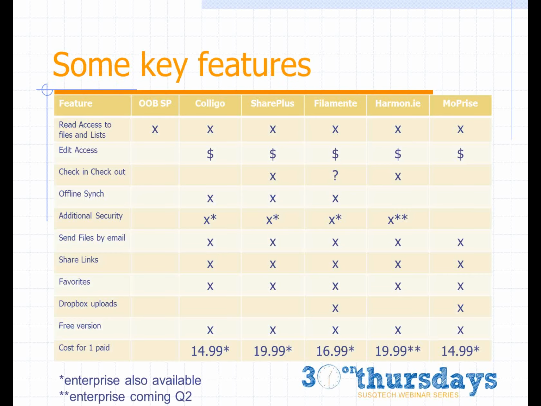To take a look at some of the key features you're going to find when you look at evaluating mobile apps: across the board, everyone wants you to be able to have read access to files and lists. That's a no-brainer. Things like sharing a link to a document, emailing a link or emailing a physical document, adding documents to your favorites so you don't have to browse through your sites over and over again if there's a particular document you update frequently.